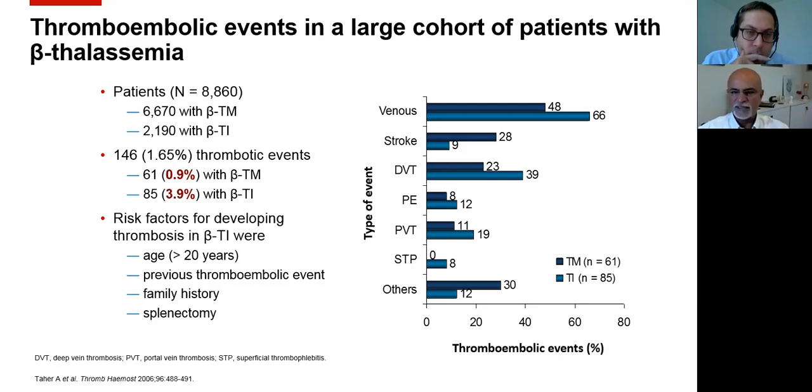Most of these were either older than 20, some had family history, and the most important would remain the risk factor of splenectomy. Most of these thrombotic events were venous, whether DVT, PE, portal vein thrombosis, very common after splenectomy, and superficial thrombophlebitis, all present in this epidemiological study.